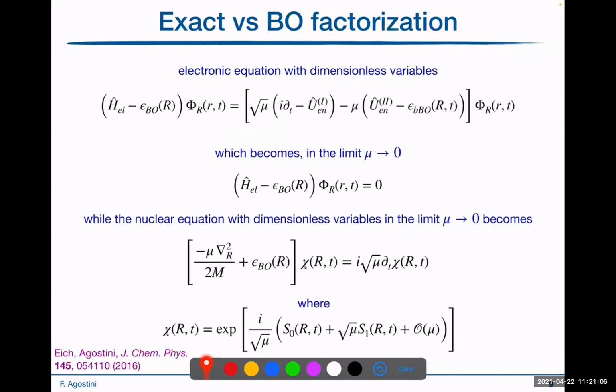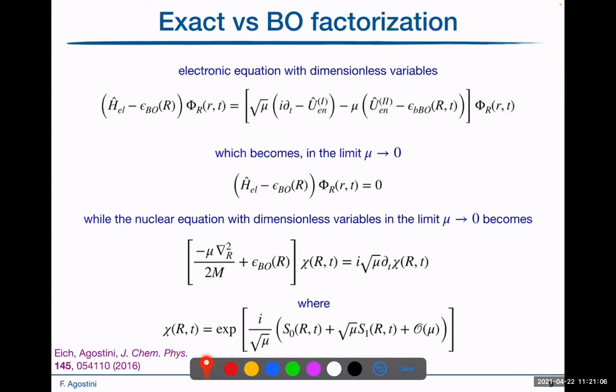What else can we see in this expansion in powers of the electron-nuclear mass ratio is that we have two terms, one is square root of mu and one term is mu, and the leading term is square root of mu. And as soon as you start including terms beyond the Born-Oppenheimer limit, the time derivative reappears in the electronic equation.